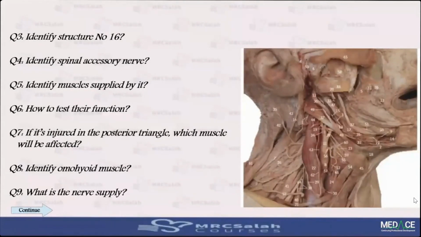Or he's asking origin and insertion. I think clavicle and the hyoid bone. I don't know, to be honest. From where of the clavicle? Middle third, common sense. I don't know. Okay.